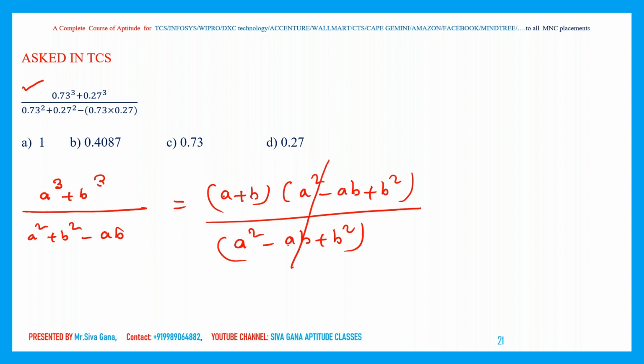Denominator will be cancelled. A plus B, A is 0.73, B is 0.27, which gives the result as 1. You should be in a position to identify a cube plus b cube. Very frequently asked model.